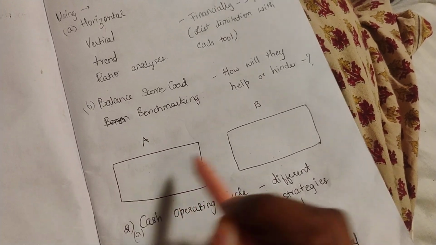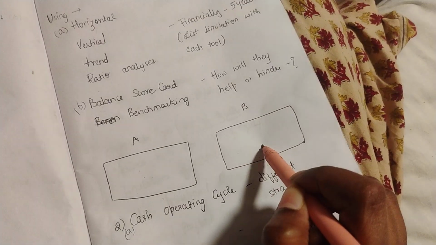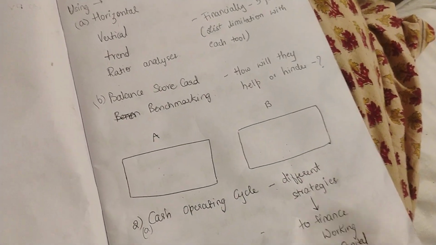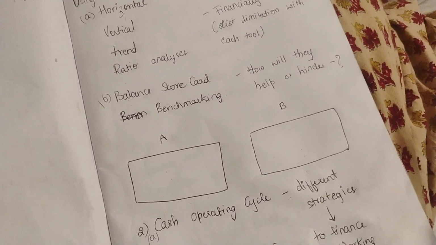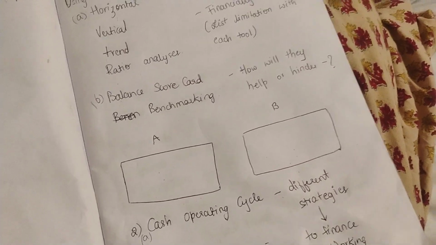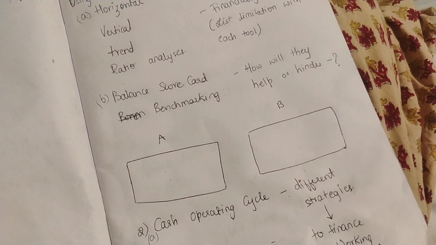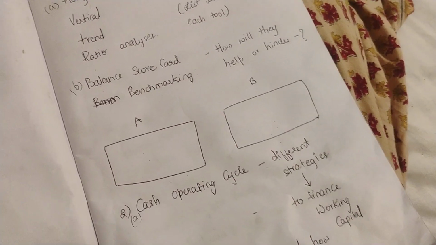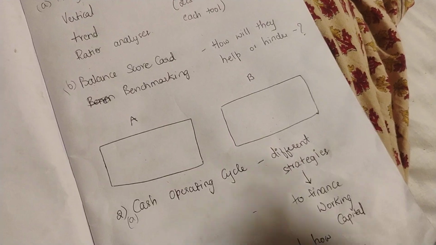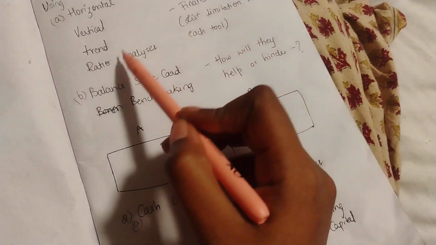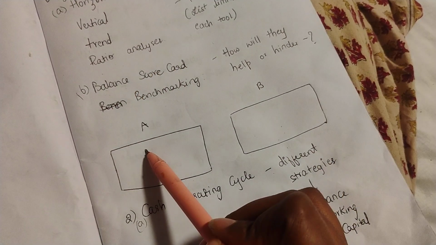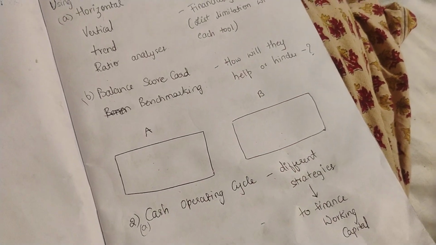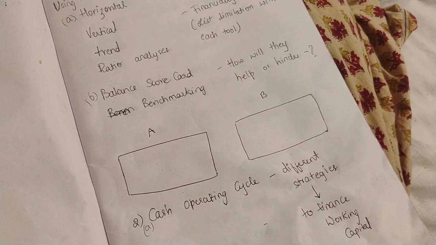Simply put, how would this method help company A and company B to increase money, to expand their growth, to earn more? If you put up a business, you would obviously like to earn more. So with this specific method, how can I earn more? That is the question. That is how you will go ahead and analyze.